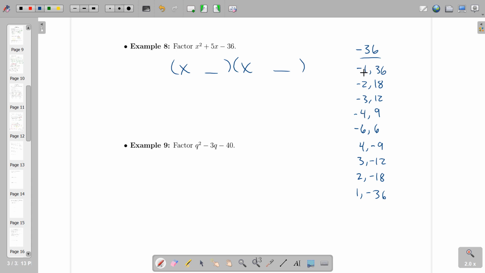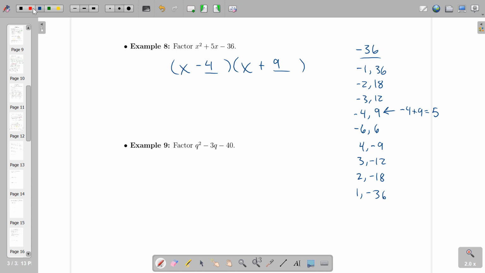You're probably just going to list the first 5, and then just know that I can put the negative on either one I want. But out of this entire list, one of them does add to make positive 5, right? And that would be this one. Negative 4 plus 9 is equal to 5. So I know that is my factorization.